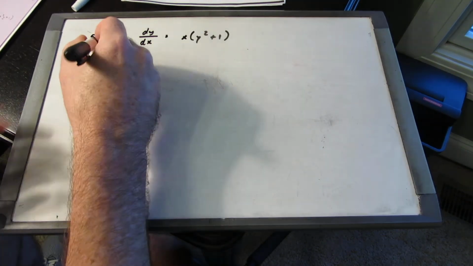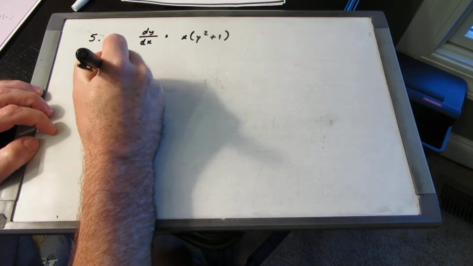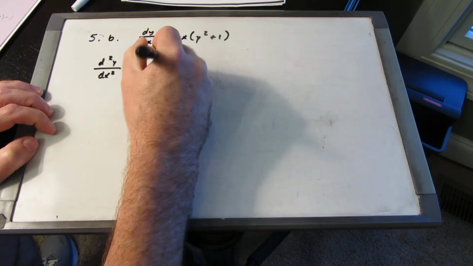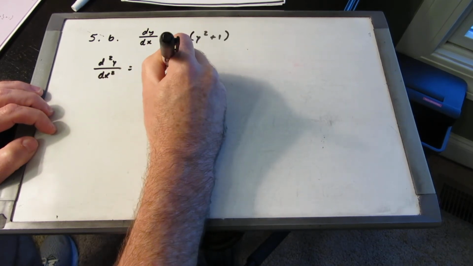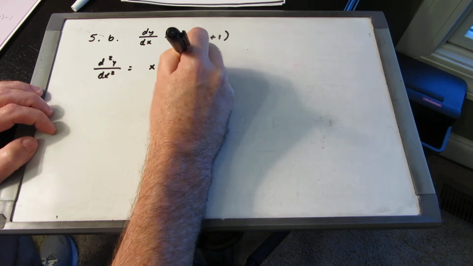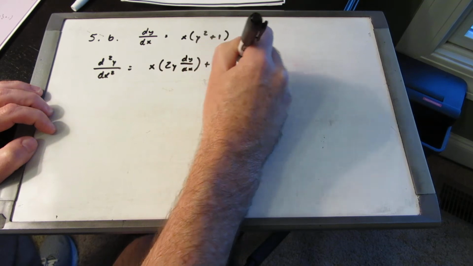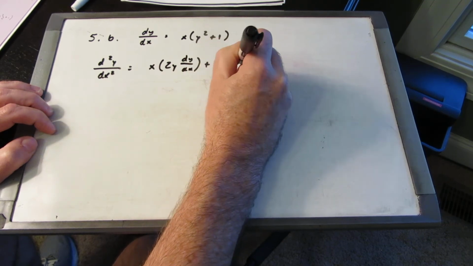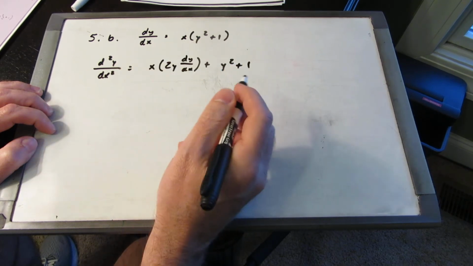We want to find the second derivative, so this is a product rule: the first, x, times the derivative of the second, 2y dy/dx, plus the second, y squared plus 1, times the derivative of the first, x, that's just 1.